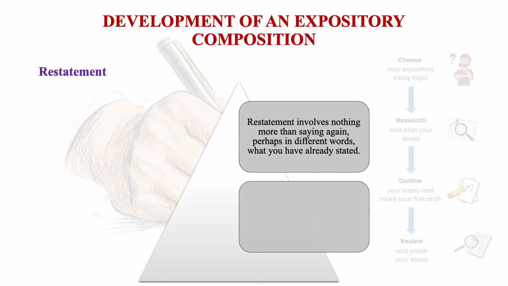Restatement in fact involves nothing more than saying again, perhaps in different words, what you have already stated. Let me explain what I mean by restatement. Suppose you are quoting somebody's statement, and how do you put that quotation into a paragraph? Suppose you are making use of a quotation of somebody, and how do you quote it in the paragraph?